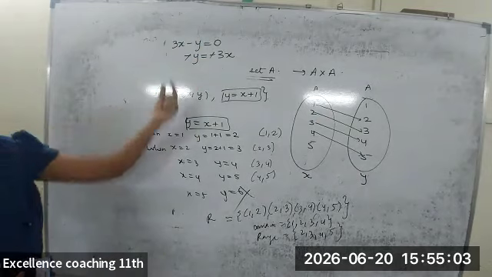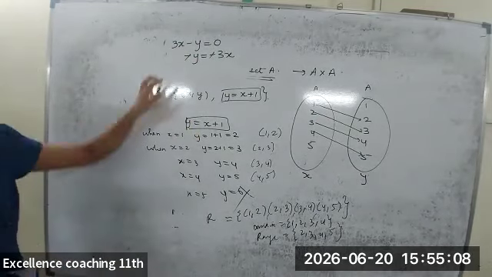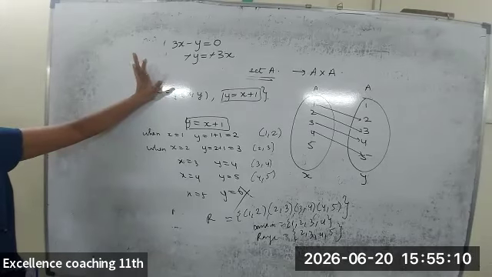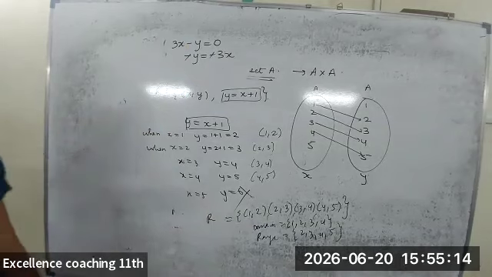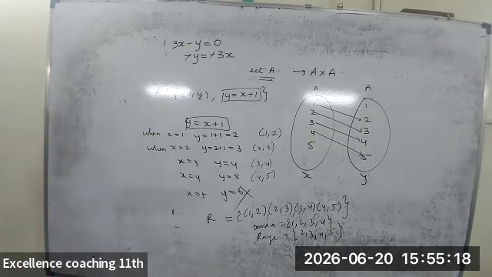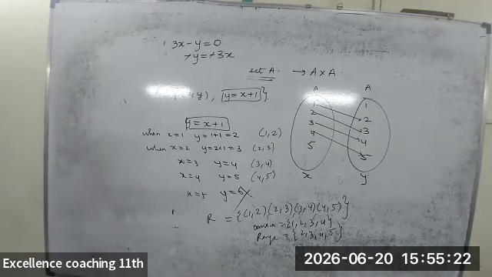Y should be single on the left hand side, remaining you take on the right hand side. Now start putting values of x. X you put 1, calculate the value of y. X you put 2, find the value of y. This done? Understood. Try the next.